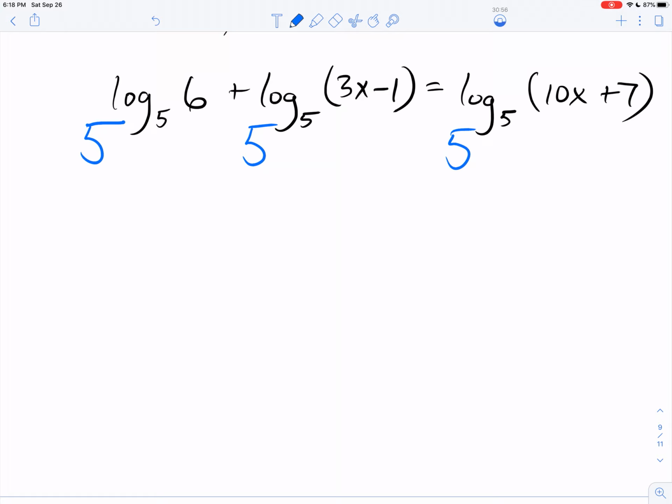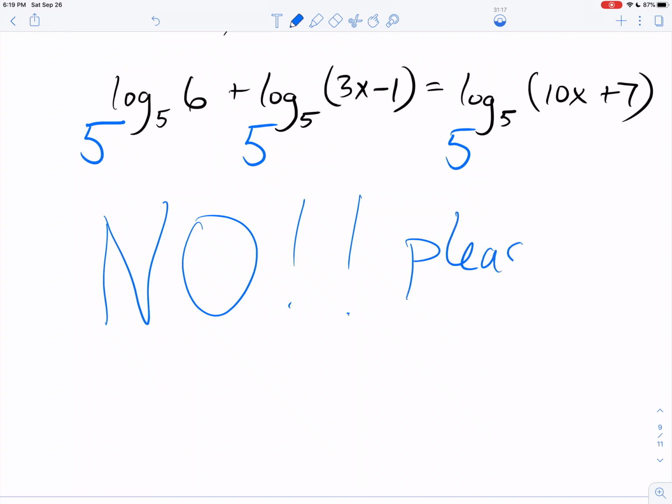Doesn't matter, even if it evened out. You have to condense it into single log form. This will always be wrong. This is the most frequently done thing. No. Please, whatever you do, do not do this.